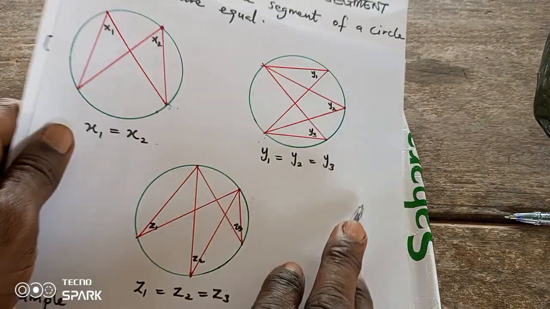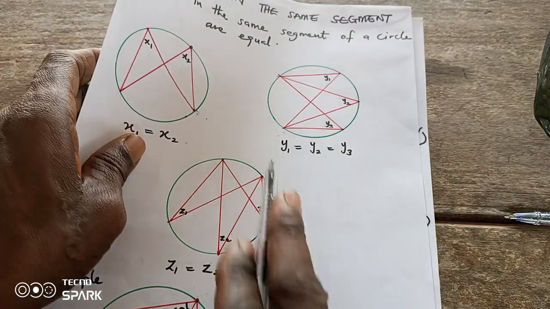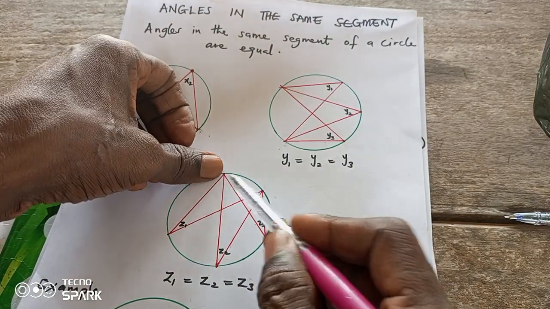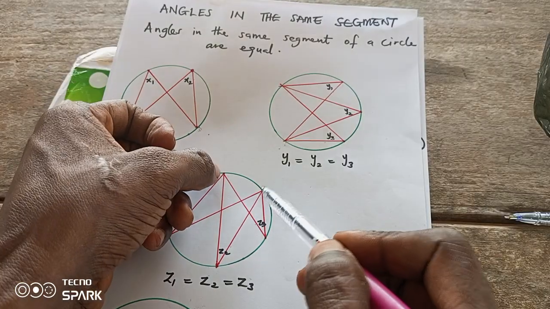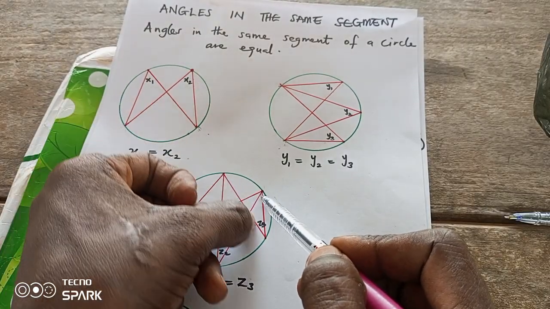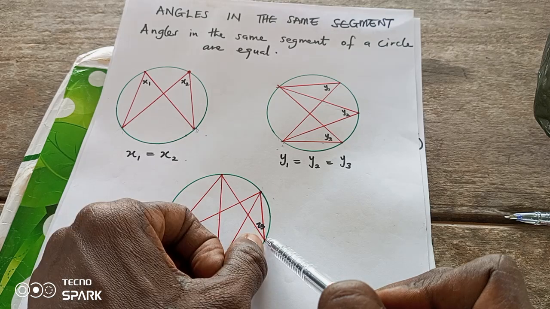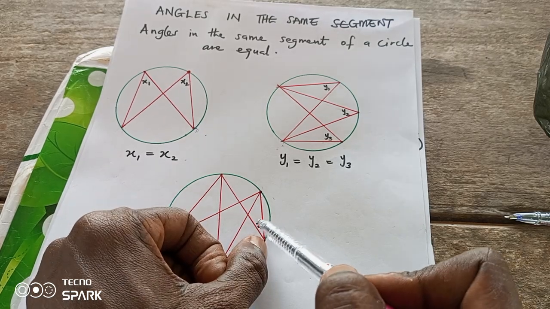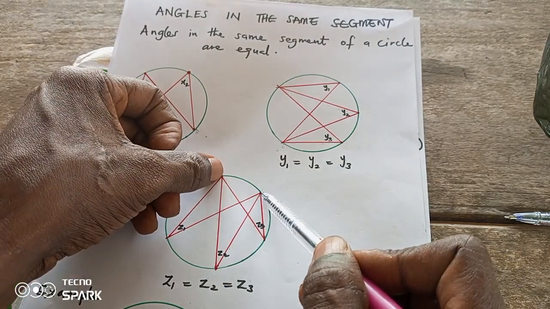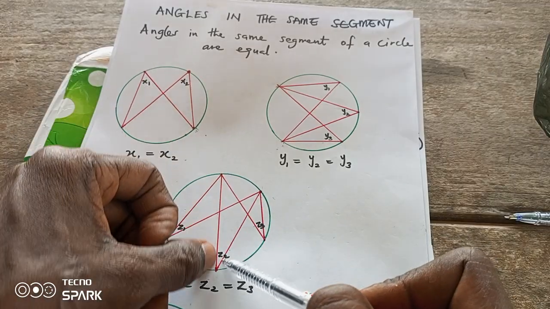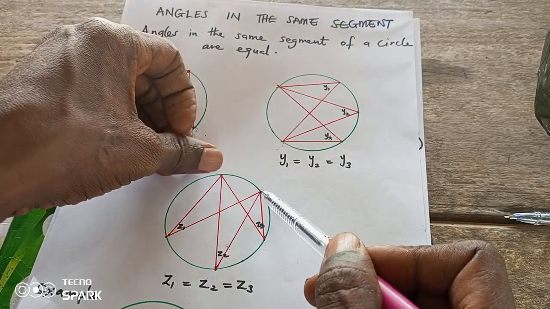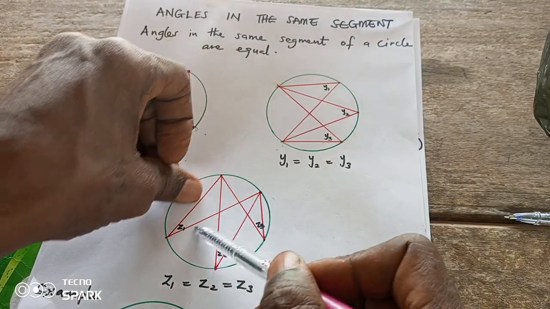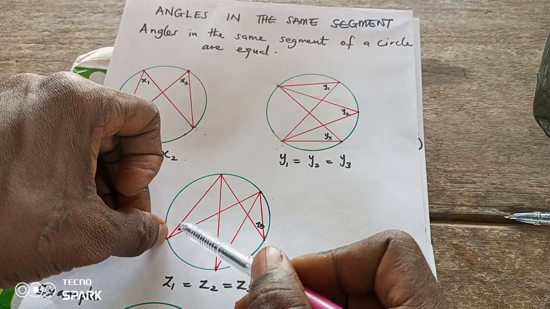Let's identify this also. From these 2 points, an angle is formed, this one and this one, and the angle touches the circumference here. From these same 2 points also, another one goes like this to form another angle on the circumference. From this same point again, another one forms an angle on the circumference.